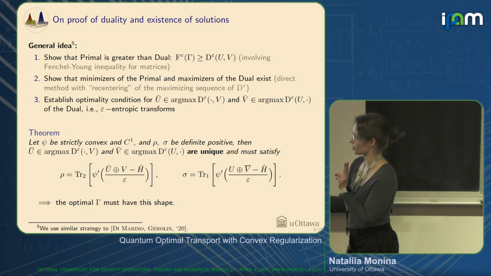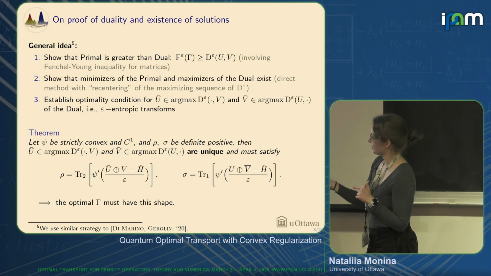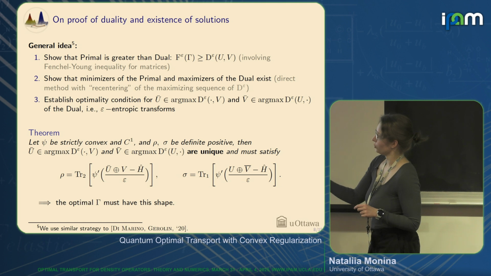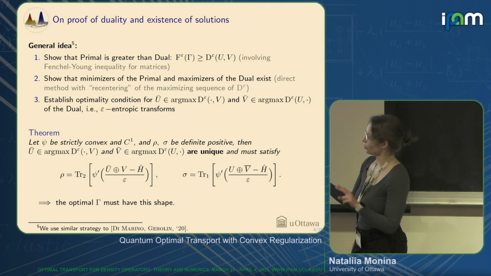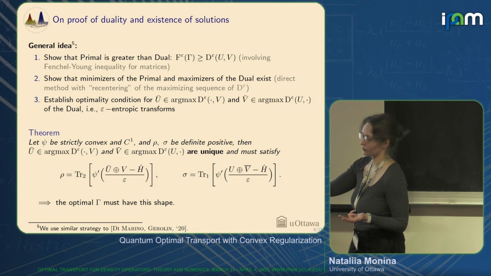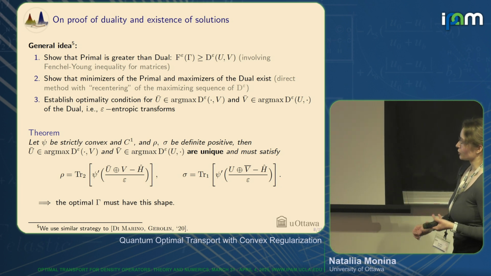here we have the assumption that psi is strictly convex in C1, and then these transforms are actually unique, so there is a unique argmax. The uniqueness of the argmax only comes from the fact that psi is strictly convex, and this must satisfy these special Euler-Lagrange equations. So this is actually very related to the classical sense.